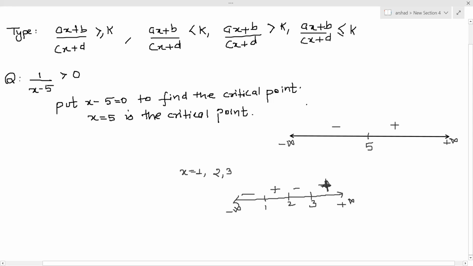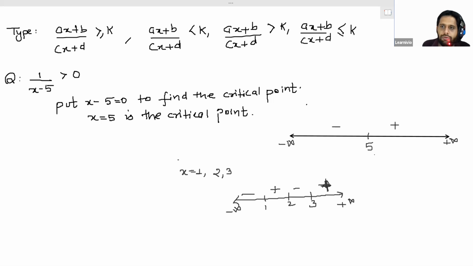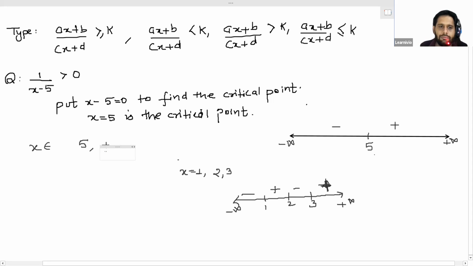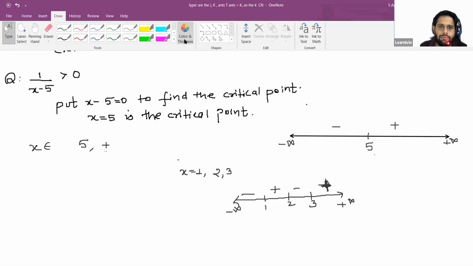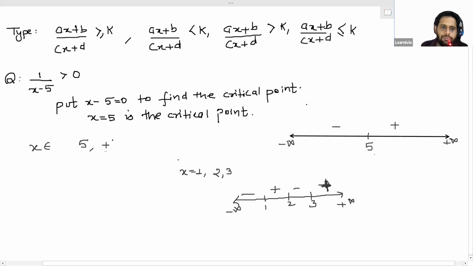So if this is greater than 0, we take the positive part, which means 5 to infinity. So x belongs to 5 to plus infinity. Here it is only greater than 0, so 5 will be in an open interval, and infinity is always in an open interval.